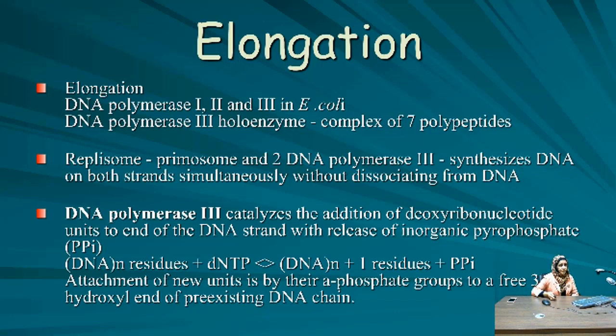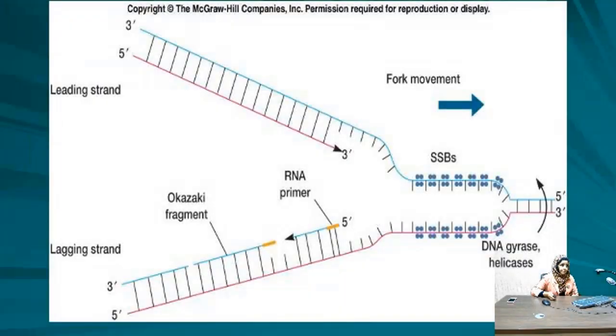DNA residues plus deoxynucleotide triphosphate gives DNA plus residue plus pyrophosphate. Attachment of a new unit is by its phosphate group to a 3'-hydroxyl end of the existing DNA chain.